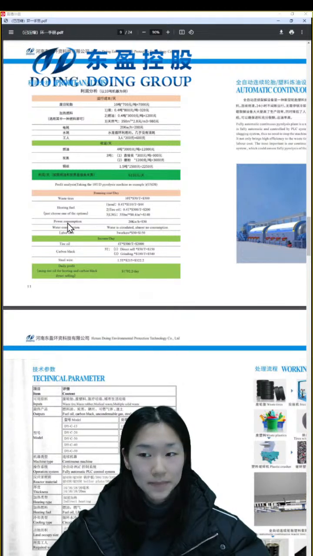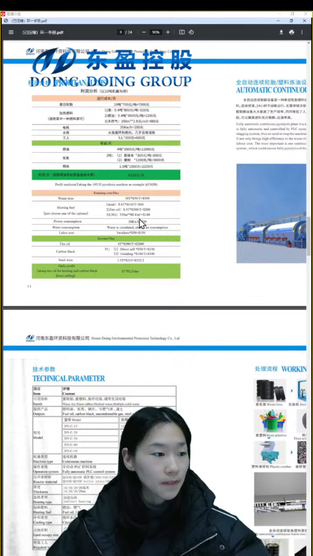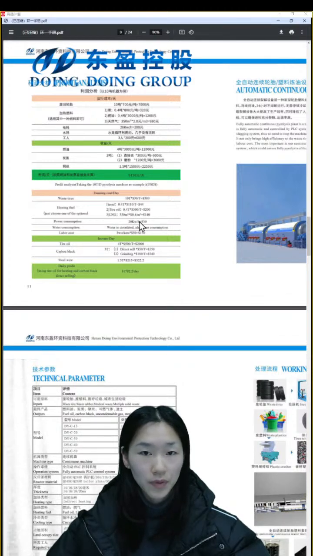Our batch type pyrolysis machine uses 22 kW per hour of electricity. So you can calculate it based on your local price.